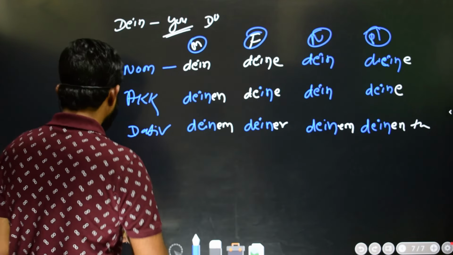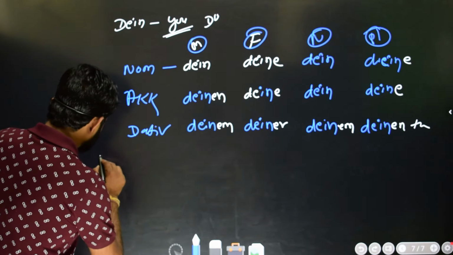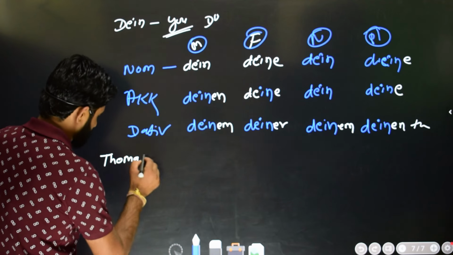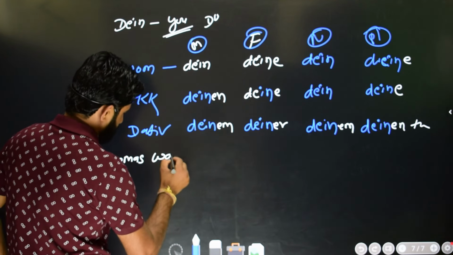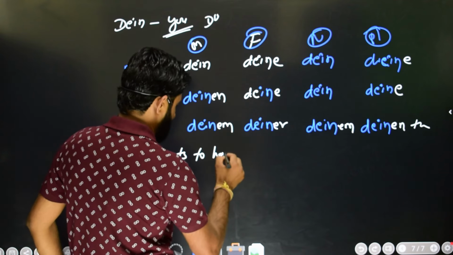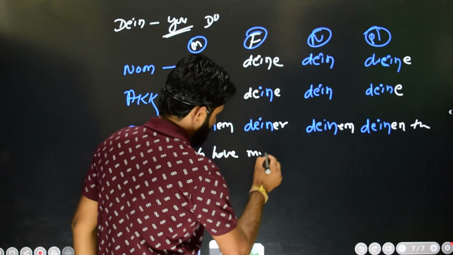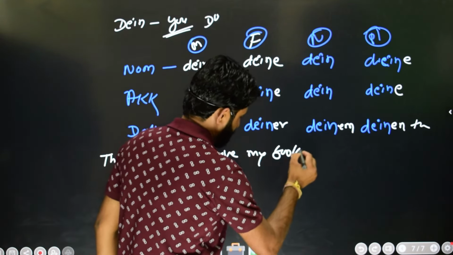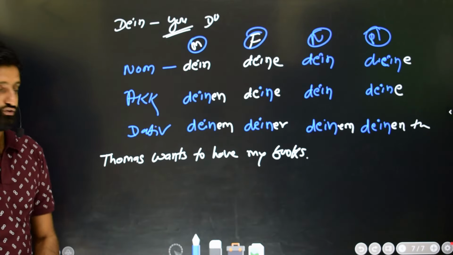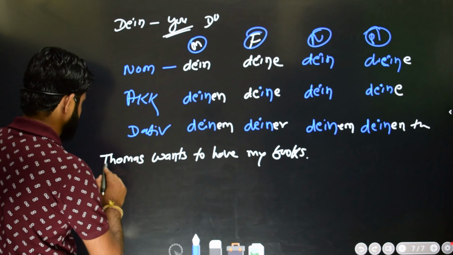Example. Thomas wants to have my books. So who is the subject here?